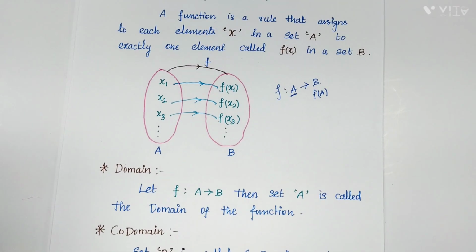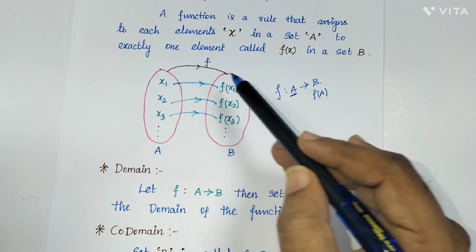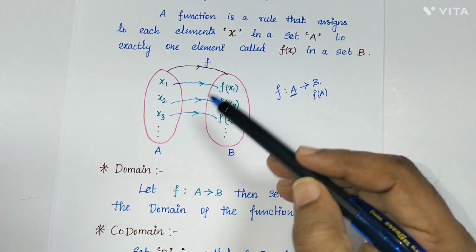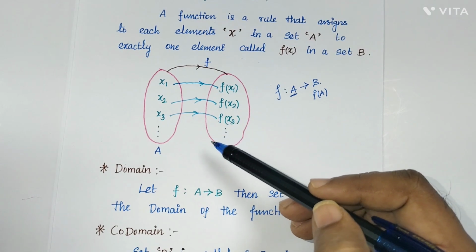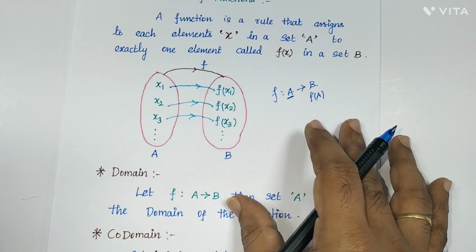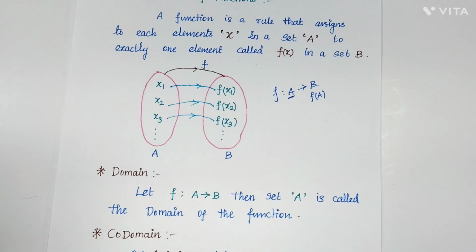That is called a function. Based on that we saw several problems: domain, codomain, range. The range is the set of all images of all the elements of A in B. The range means the collection of all images we have to write. In the next video we'll see how to find the range.